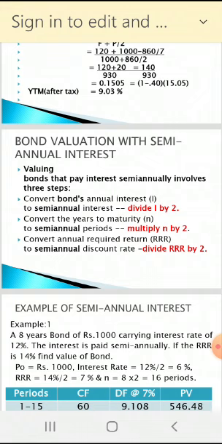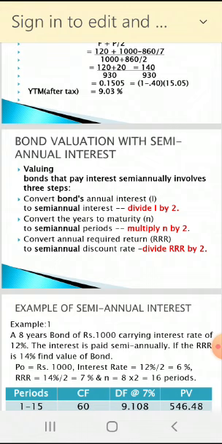Right? Second, convert the years to maturity, meaning the life of the bond, N, to semi-annual periods. Now in 1 year you will find 2 periods because 2 payments are there. That is why multiply N by 2.